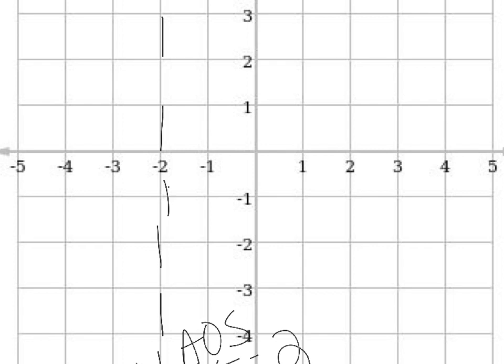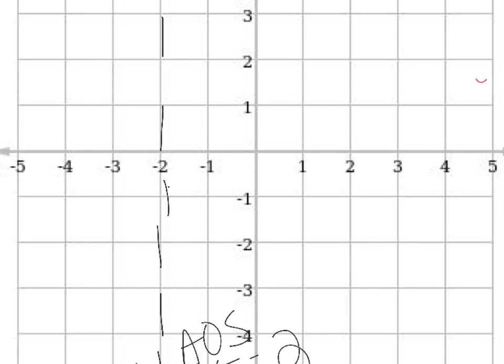I can still use the idea that the perpendicular bisector, the axis of symmetry, is halfway to the pre-image. There are 3 units between the pre-image A and the midpoint on the AOS. So if I go 3 units in the opposite direction, I'll wind up where A prime is supposed to be. A prime is located right here at (-5, 4).